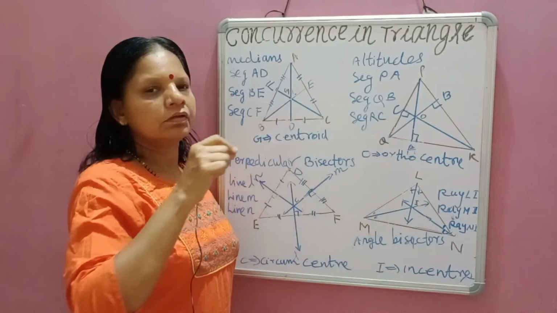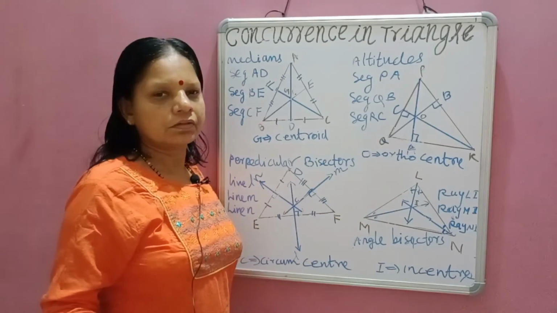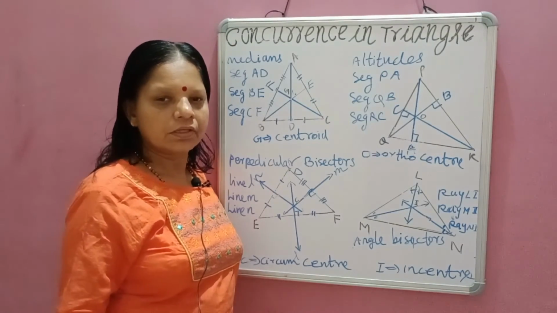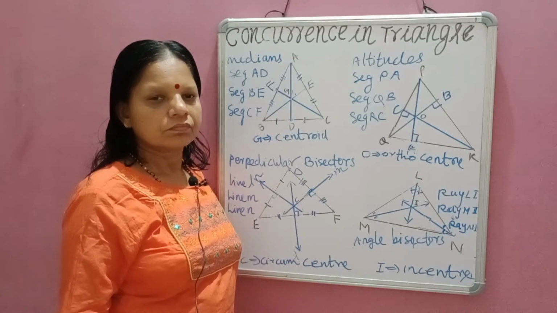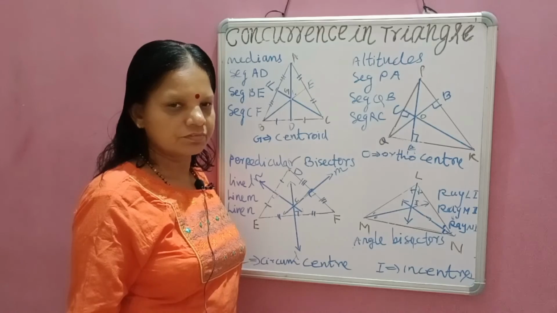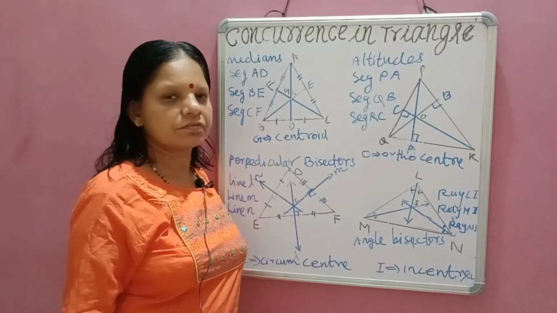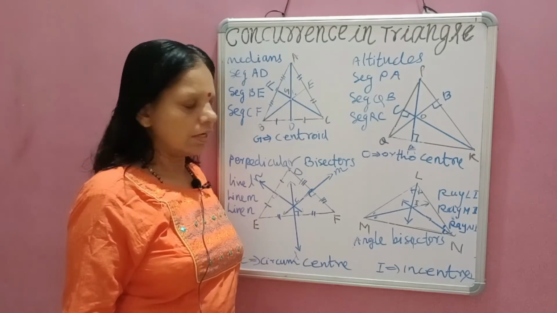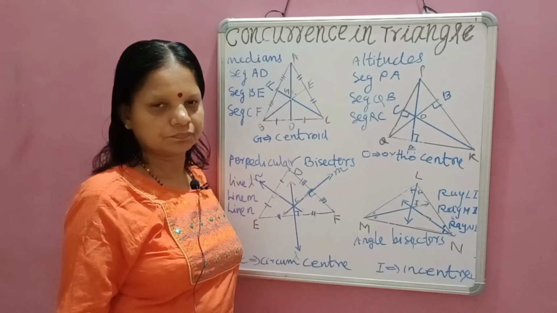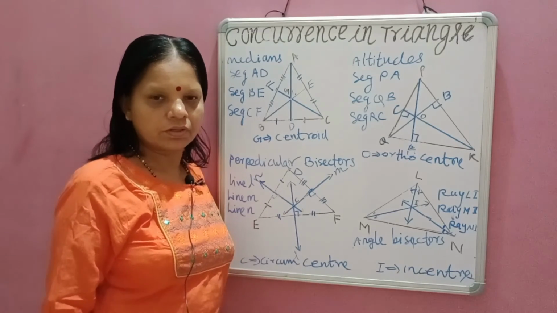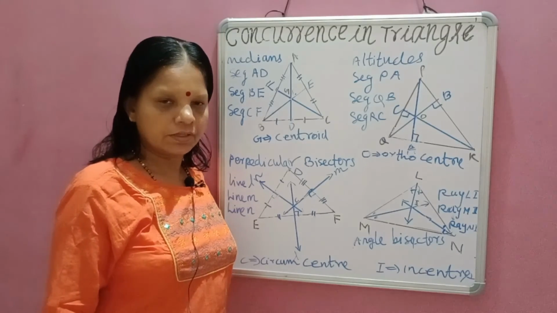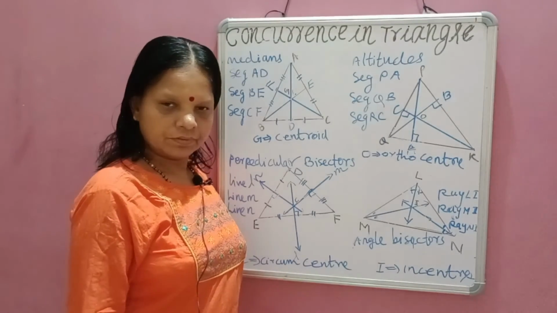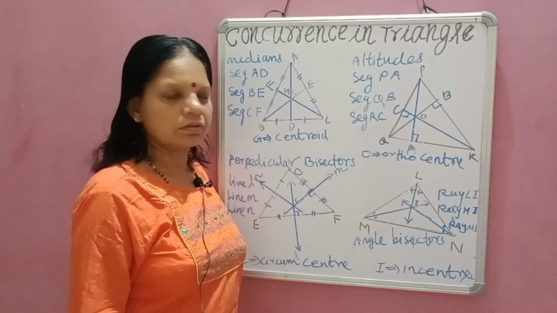These are the concurrences in triangles. Clear? This you can try by drawing any triangle and get the result. You can see that all these medians, altitudes and perpendicular bisectors, also angle bisectors are concurrent. Clear the meaning of concurrent and point of concurrence. What is median? What is altitude? Perpendicular bisectors and angle bisectors.